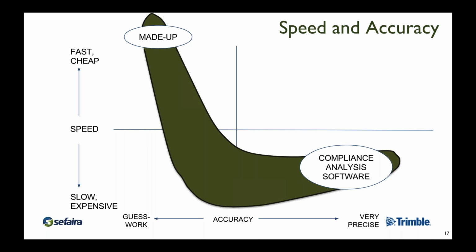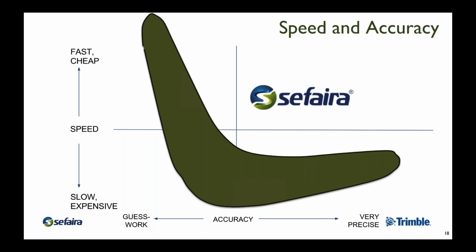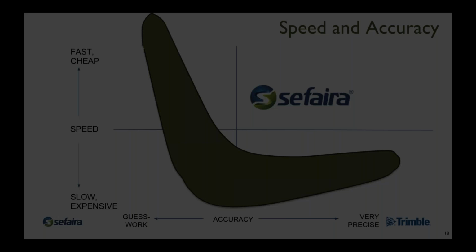And of course, if someone's doing that and it doesn't follow someone else's intuition, then they might just make the results up anyway. So what Sefaira is trying to do is offer a solution for early stage design that is both fast and accurate enough for you to proceed with confidence in your design approach. We're not a compliance tool, and we're not trying to be a compliance tool. We're trying to help you make good decisions early on in a fast and efficient way that meets the budget that you have to spend at those stages of design.